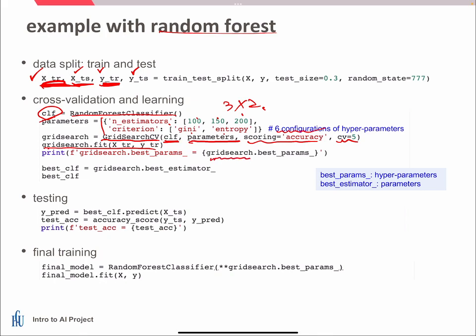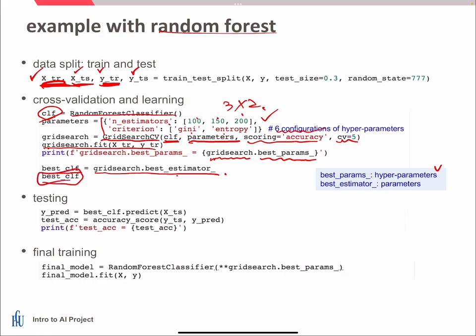Grid search dot best params, this one is actually the hyperparameters. And best CLF is grid search best estimator. So best estimator is the trained model with the best configuration here. So this is our best classifier.